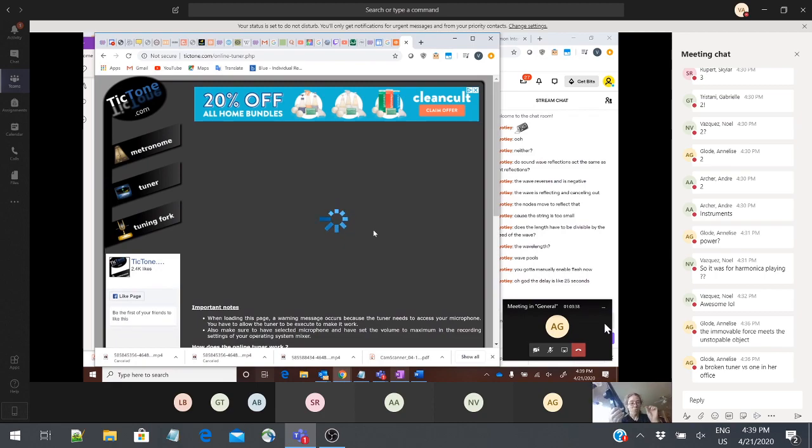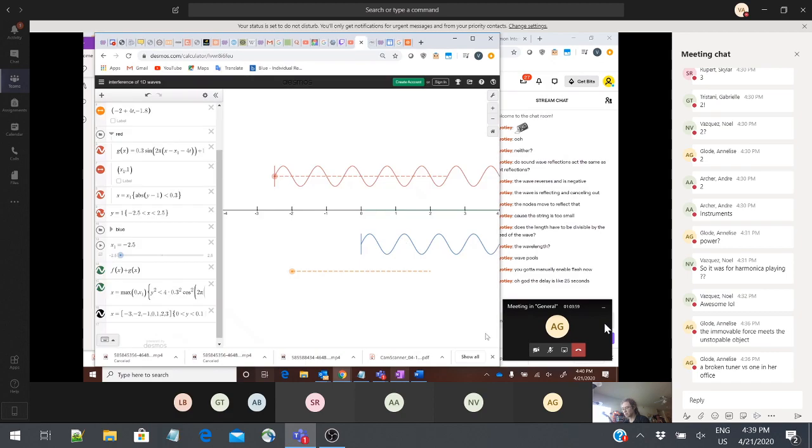But only some of them are the correct frequency. So for a given length, only certain frequencies will create that standing wave pattern. So it depends on the length from here to here. It also depends on, okay, this is just not working. Forget it, it'll just be super out of tune.